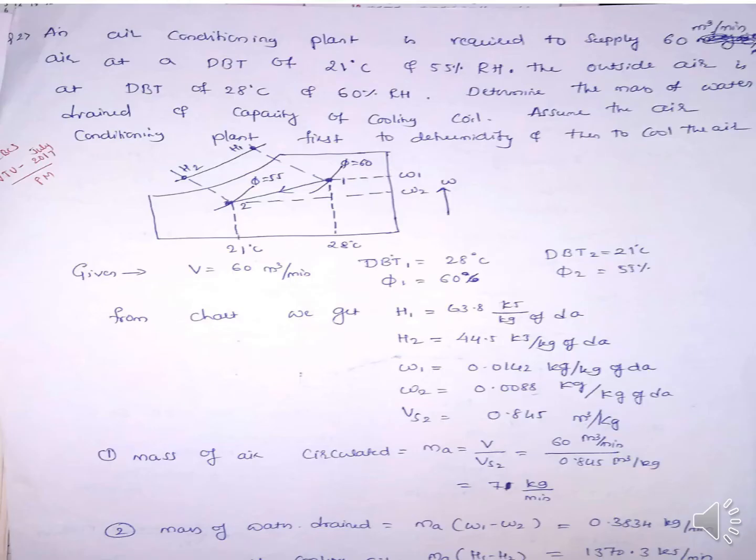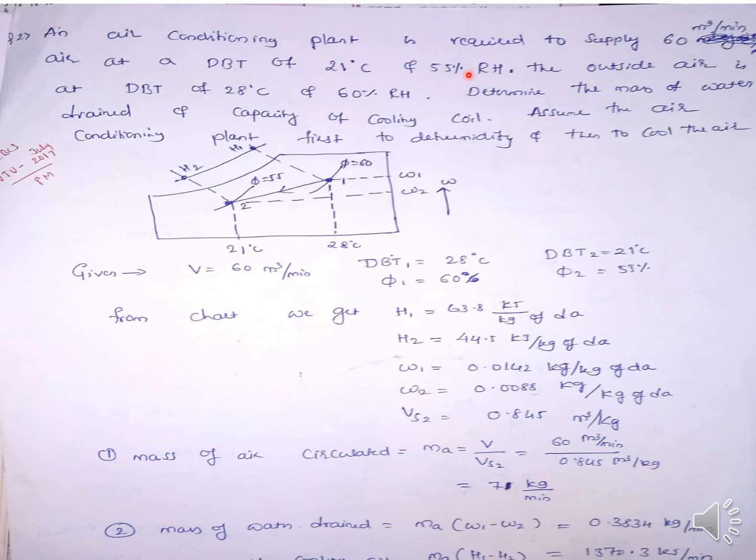Next problem. An air conditioning plant is required to supply 60 metric cube per minute, means air which we need is 60 metric cube per minute at a dry bulb temperature of 21 degree and 55% RH. Means these are the required conditions he has given, not outdoor conditions.